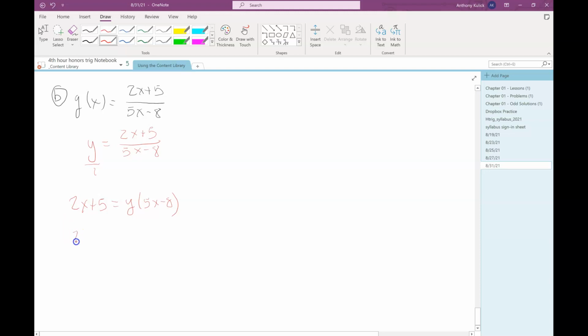I'll distribute the y through then. And now I'm going to move the things with the x's onto one side by subtracting 5xy from both sides. And then move the non-x's to the other side by subtracting 5 from both sides.